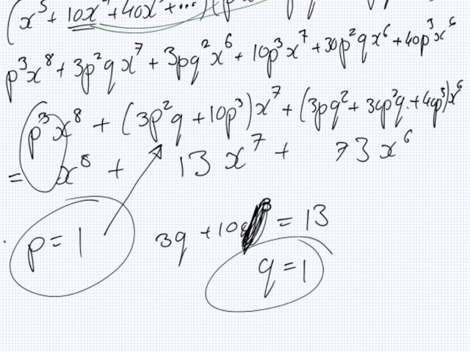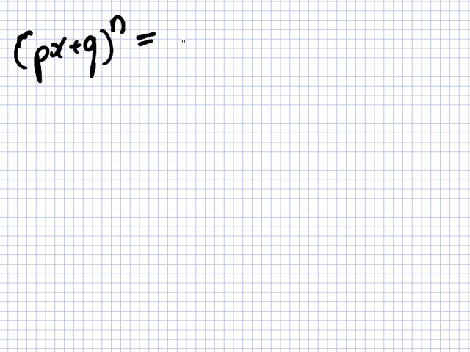Now we do 5a. Okay. Can you read 5a? Well, I know what it's going to be. It's going to be (px plus q)^n equals minus 64.